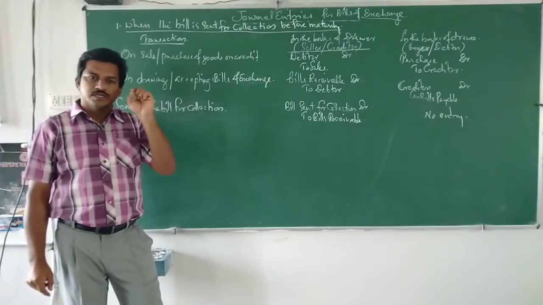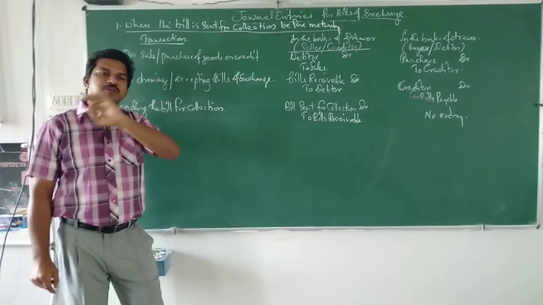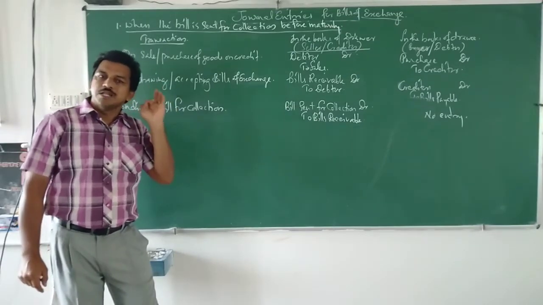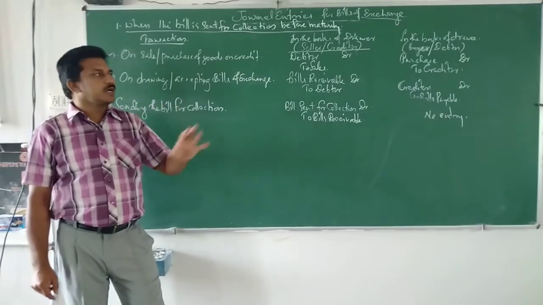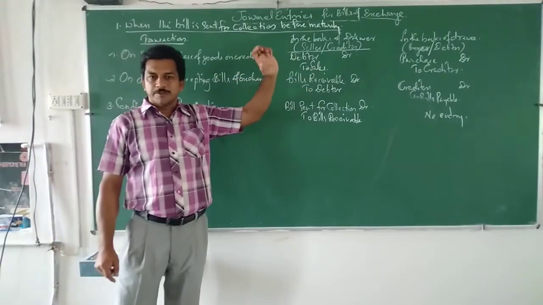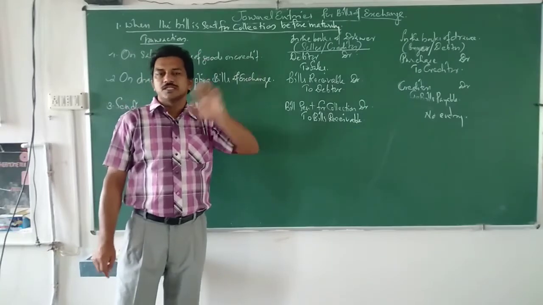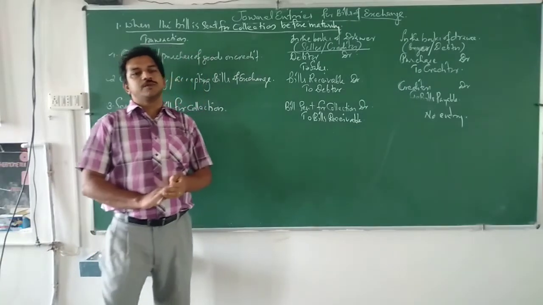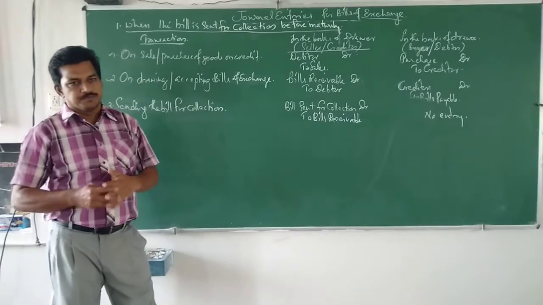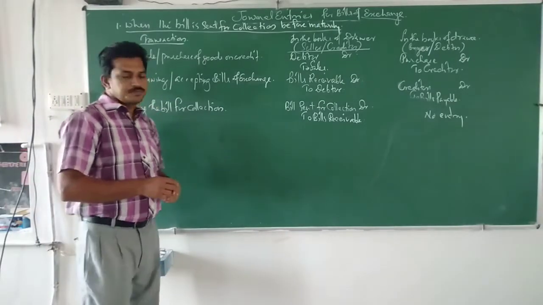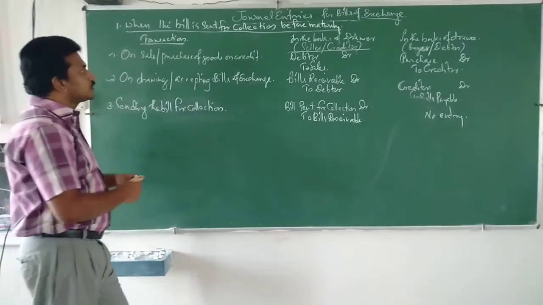So the payment entry for him will always be bills payable debtor to bank for drawing. So on sending the bill for collection, he need not write any journal entry because it is not a matter for him. Then let us see the fourth point.